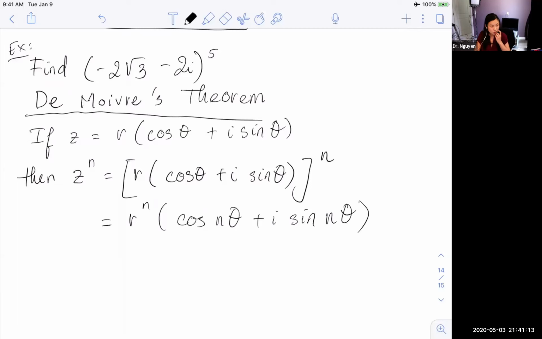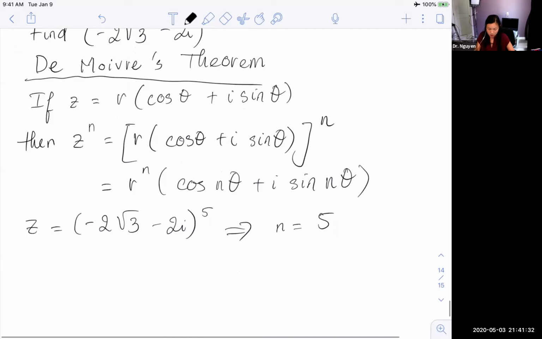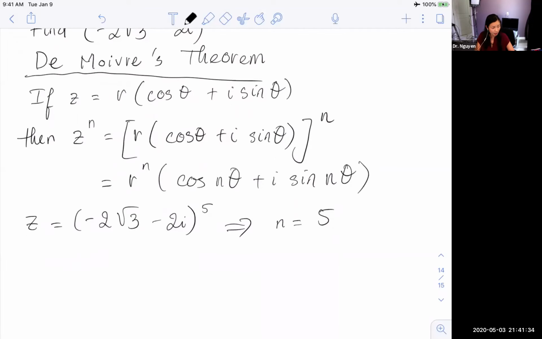Okay, so let's go back to our problem. You can see our z is -2 radical 3 minus 2i to the 5th power. So for our problem, n is 5.